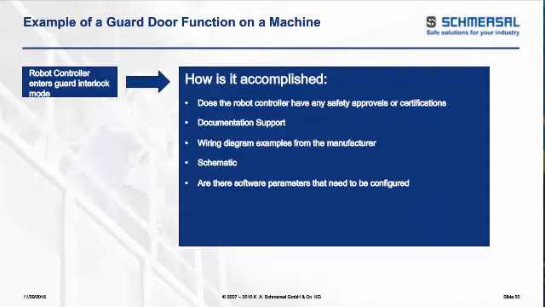Make sure that wiring diagram per the manufacturer matches your schematics, but also with modern-day technology, there may be additional software or firmware in the robot controller that you may need to have set up as well, whether it be additional functions such as safe speed or setup or things of that nature.